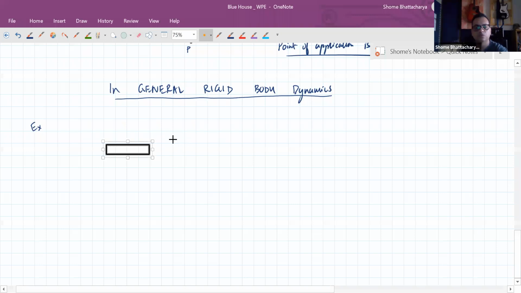What is happening is that it is moving from this position under the action of some force like this. Okay. So it is displacing like this only. That is one example.